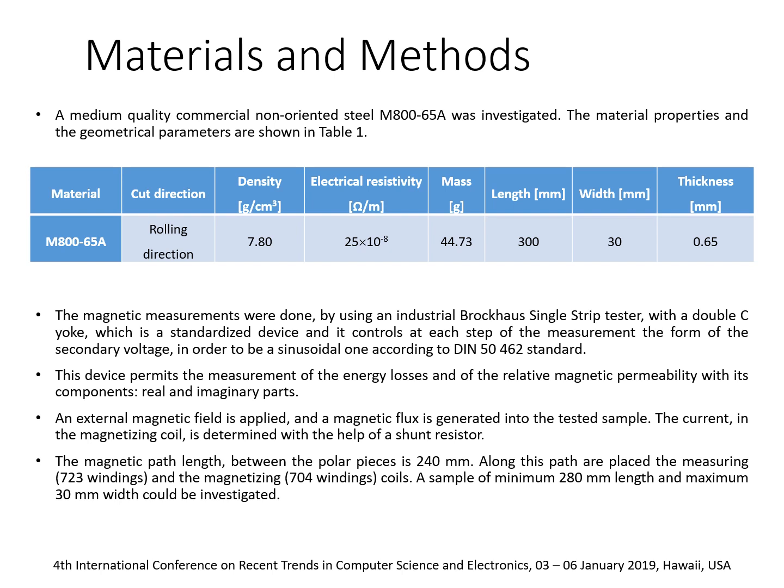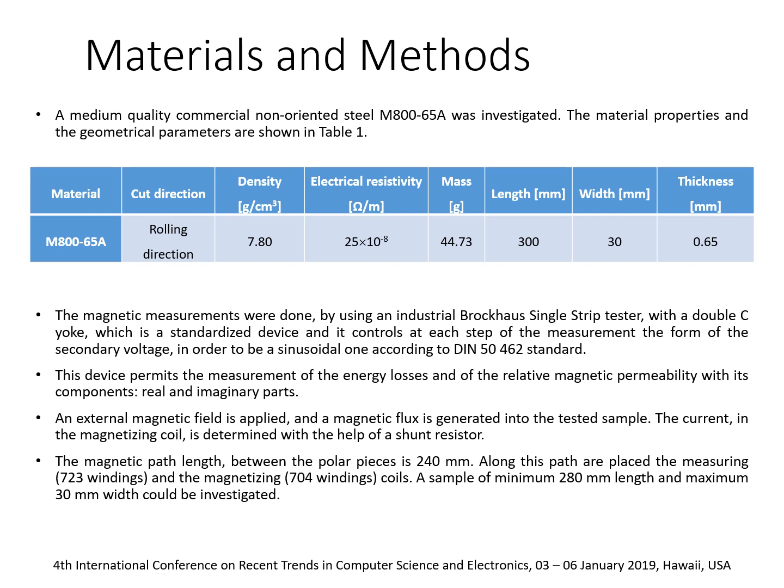Materials and methods. A medium quality commercial non-oriented steel, M865A, was investigated. The material properties and the geometrical parameters are shown in Table 1.